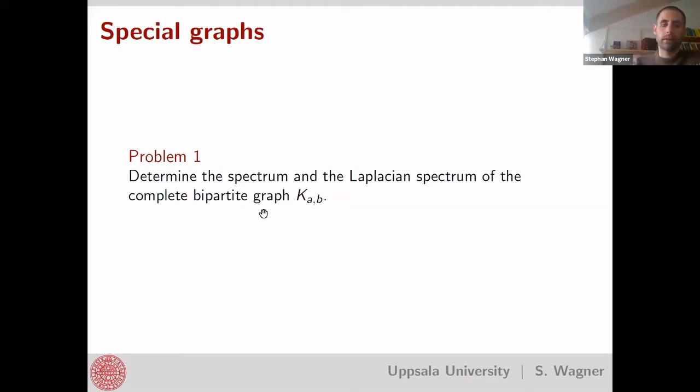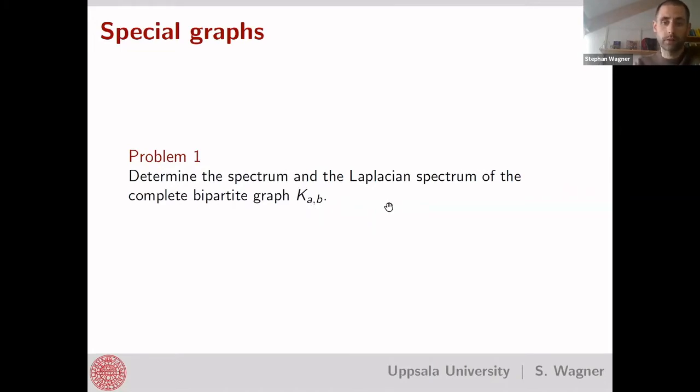And the first problem is a rather natural one. If we know complete graphs, another natural type of graphs to look at is perhaps the complete bipartite graph, K_{A,B}. So we have A vertices on one side, B vertices on the other, all possible edges in between. So the question here is, what is the spectrum of the complete bipartite graph K_{A,B}?